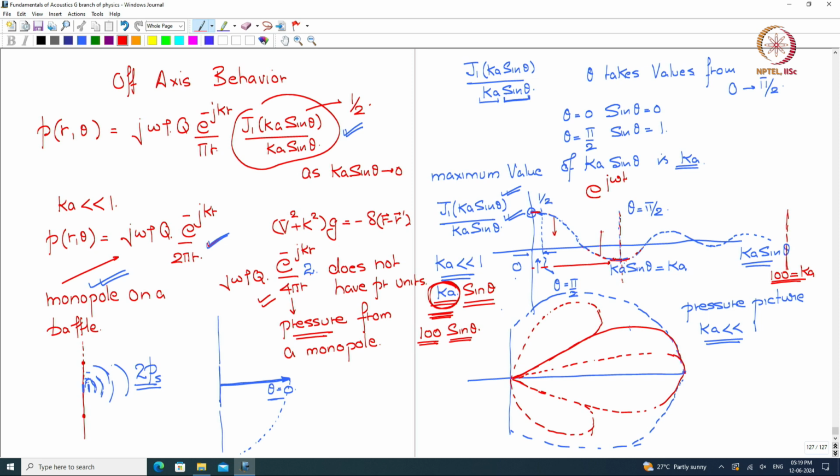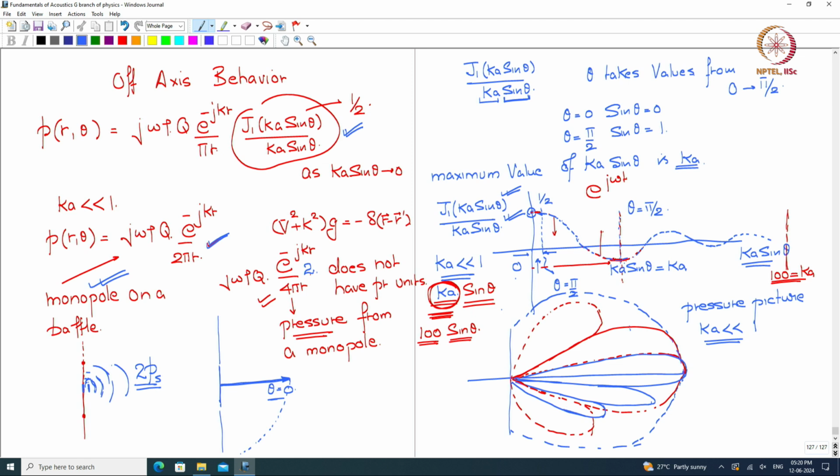Because Ka is very large, theta will move very quickly and I will get the first dip very quickly. Let me plot it with blue. This peak becomes narrow, and then very quickly, because Ka is large, another peak will come next to it and will also disappear, and then another peak will come next to it and a 0 node in between.